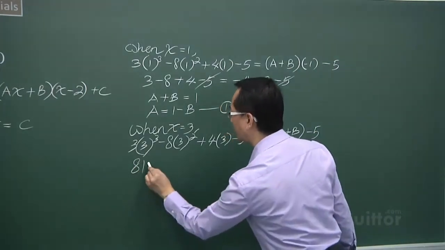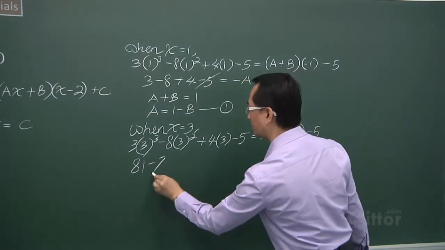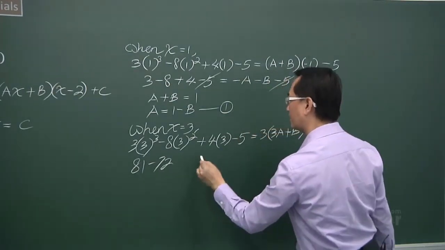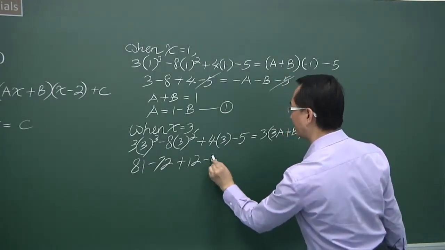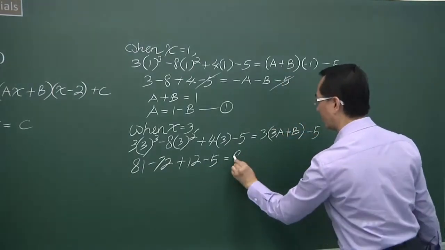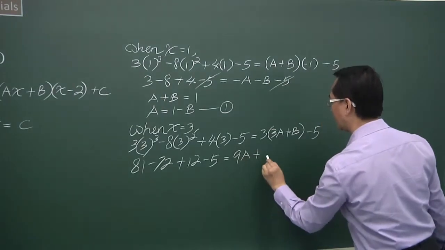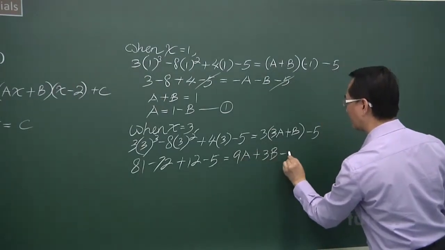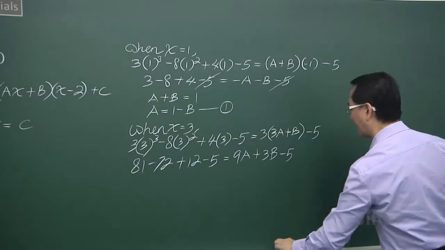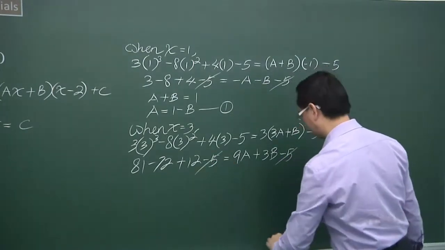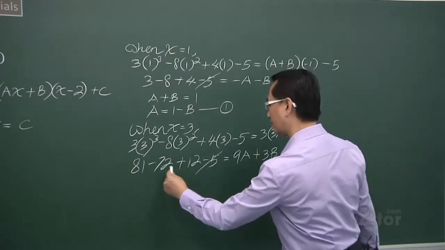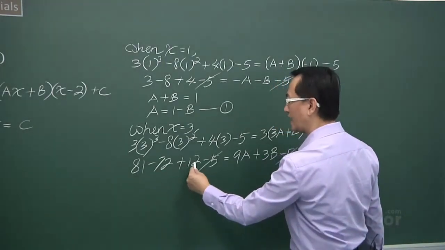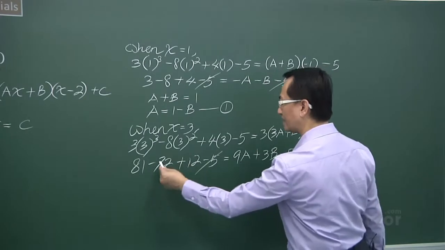This is 81, 72, 12, minus 5. So I have 9a plus 3b minus 5. Again, that will go. Negative 72 plus 12 is negative 60.